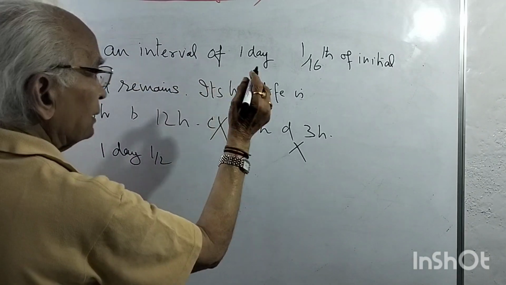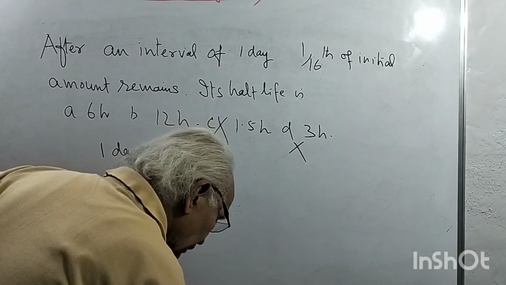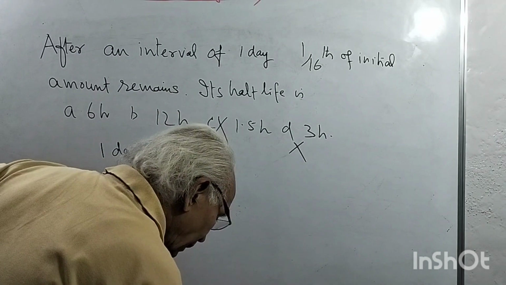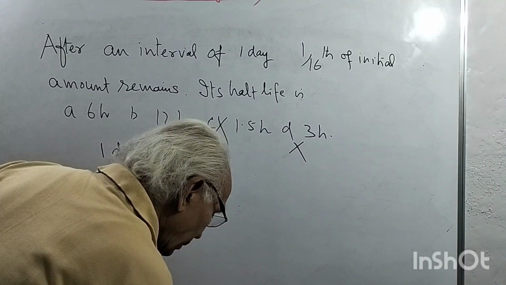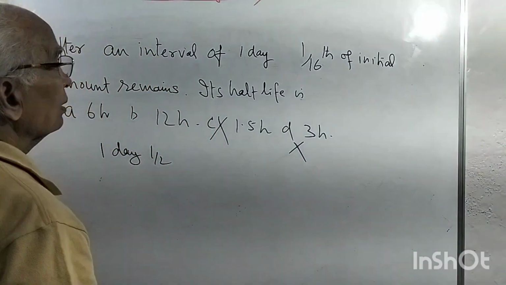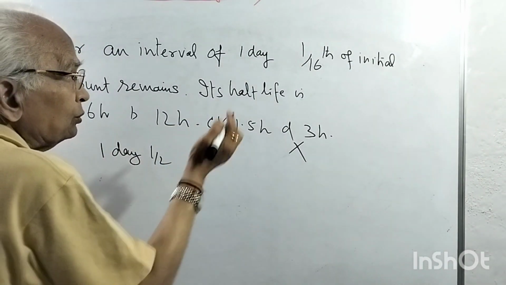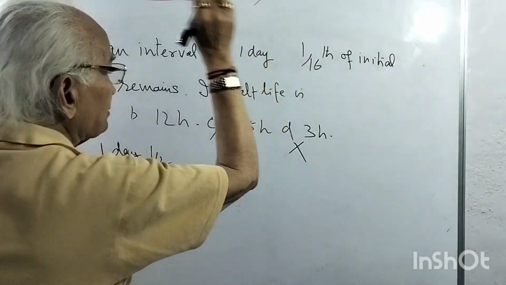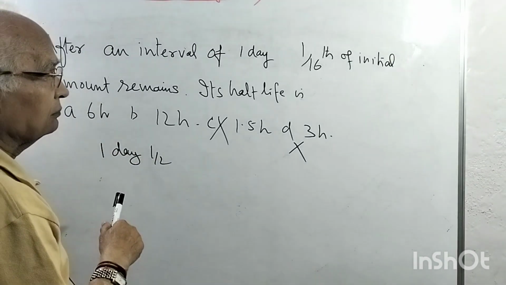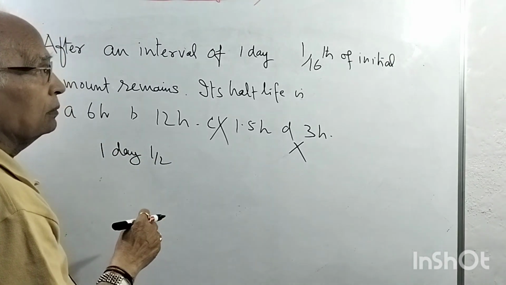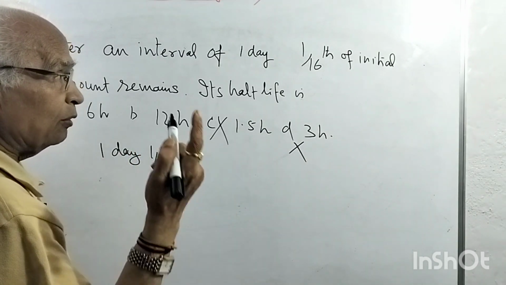After an interval of 1 day, 1/16th of the initial amount of a radioactive material remains. So what is the half-life? If after 1 day it remained half, half-life would be 1 day.